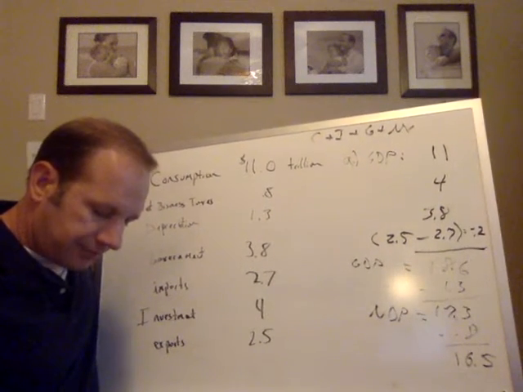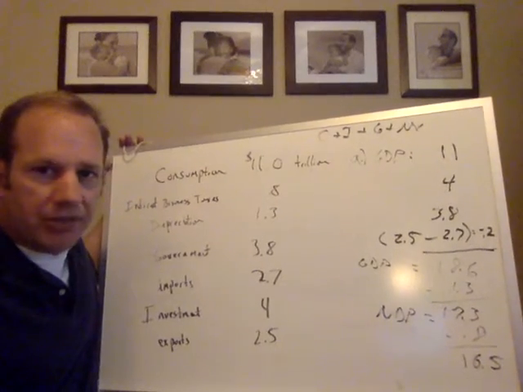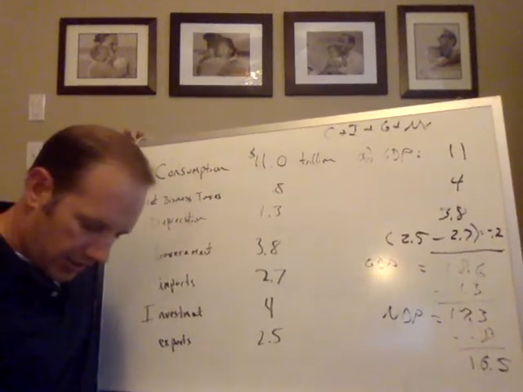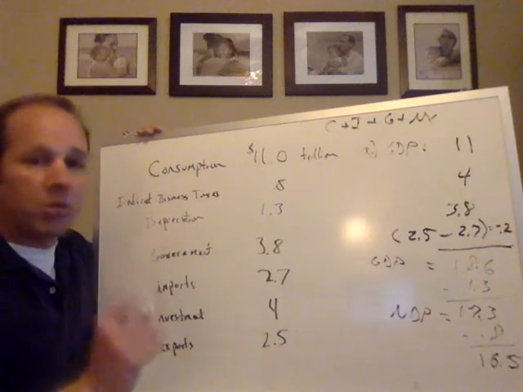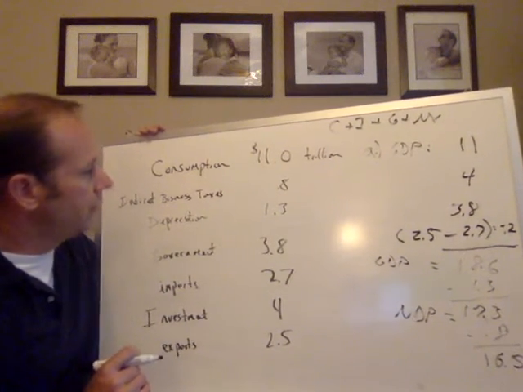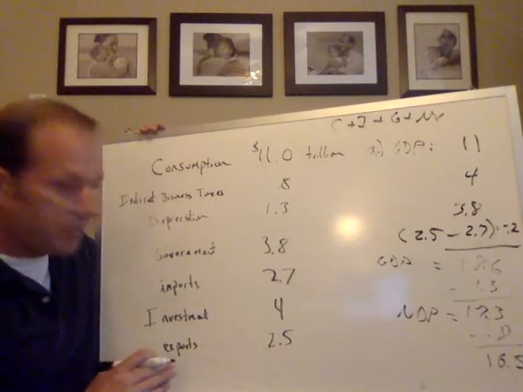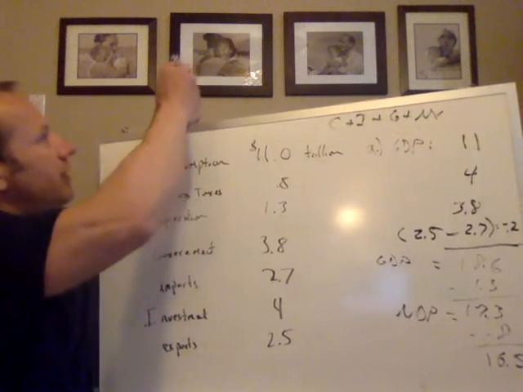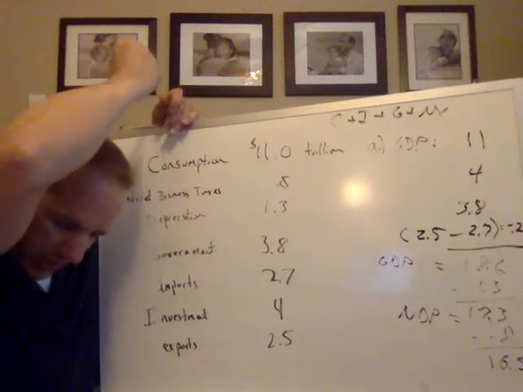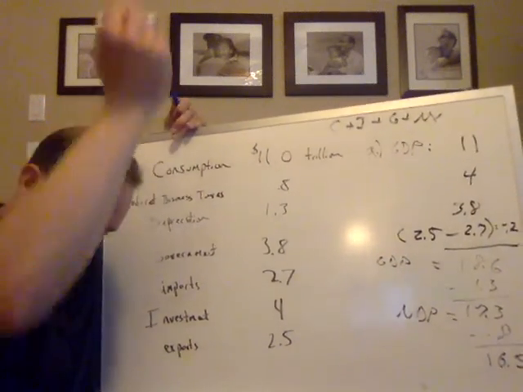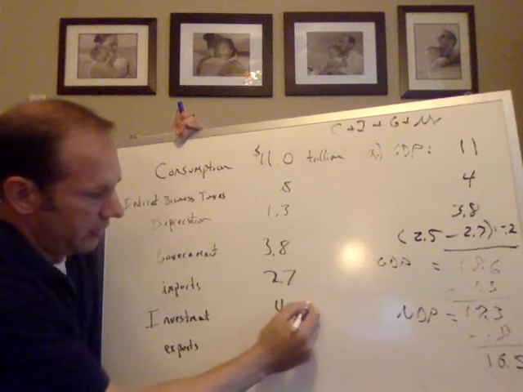Letter B just changes a couple things on us. What he does do is change variables that are more volatile. He changes investment, and he says, what if instead investment was 3.25?